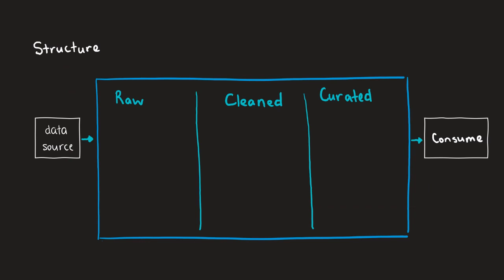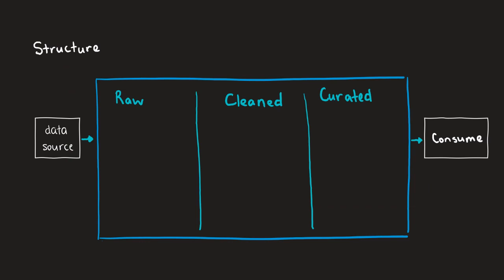Also, if you have a lot of people doing exploration on the data, you might want to have a fourth section that is just exploration. Then you make sure that the data produced by exploration and testing, data science and machine learning, doesn't get put into the clean area, because that wouldn't be quite clean data.